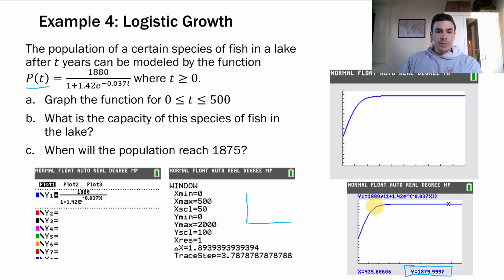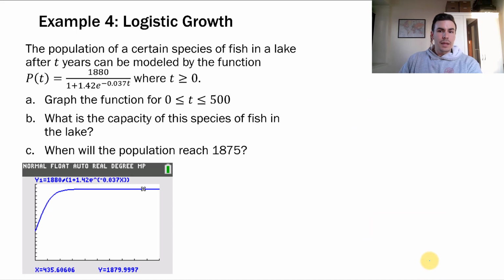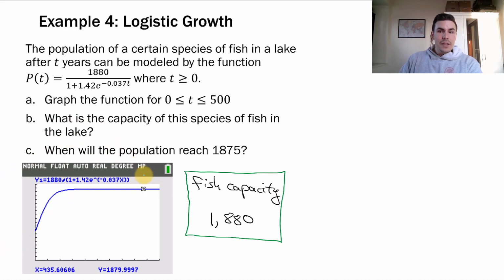You can also hit calc and then value, and pick a large x value like 500 or 490, and that gives you your y value, which approaches some value but never surpasses the capacity. With that knowledge, we can determine that our fish capacity is 1,880 fish.